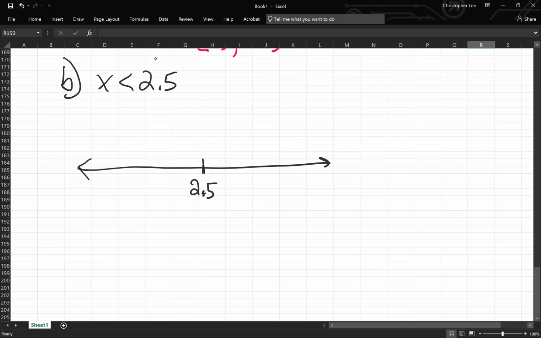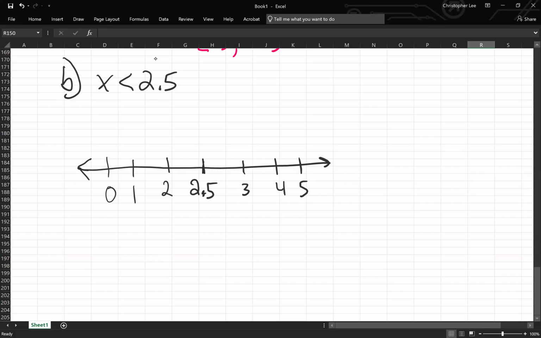So a number bigger than 2.5, let's say 3, and then 4, and then 5. It doesn't have to be exact. We're not computers, but just to get the idea across. A number smaller than 2.5, let's go with 2, 1, and then let's finish it off with 0. I just want to show that to the left is smaller, to the right is bigger.